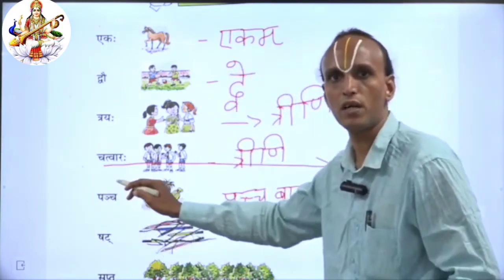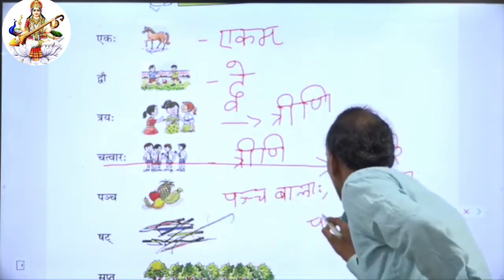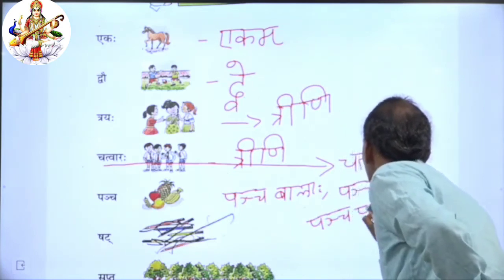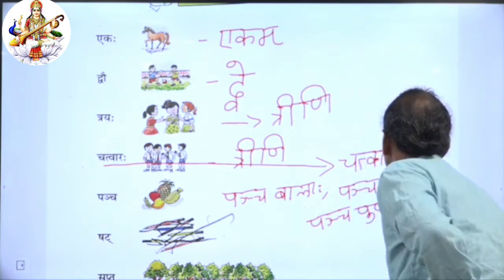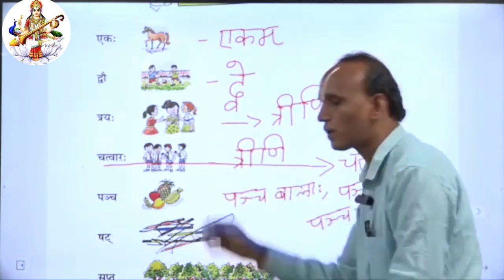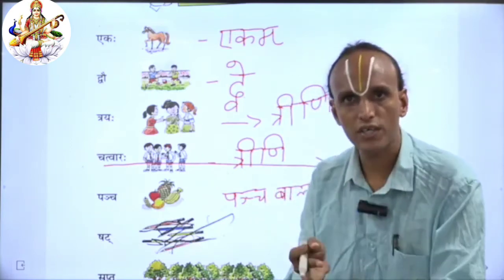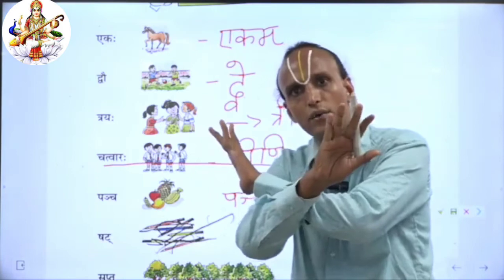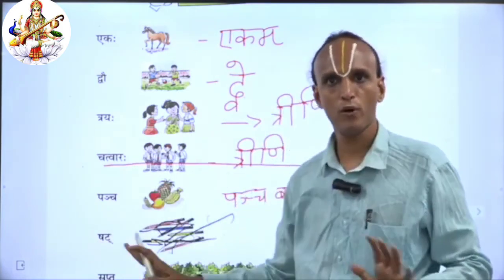Okay, the number word 5 won't change. See here. Pancha pushpani. Like this only, like pancha, shat, sapta, ashta, nava, dasha, they won't change according to the gender. They remain the same. Okay, children.